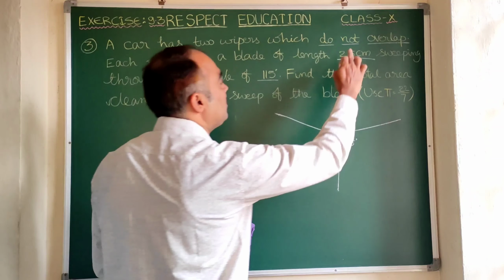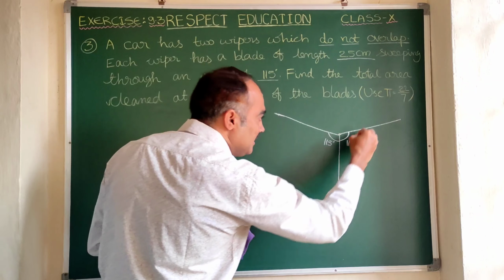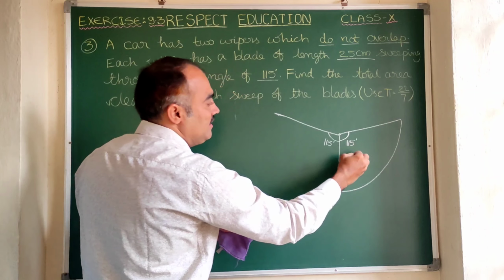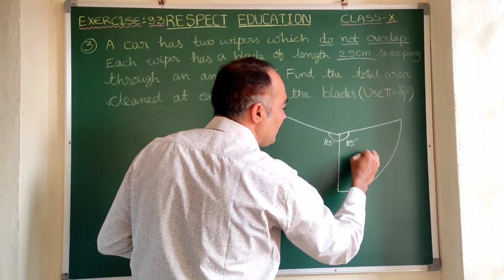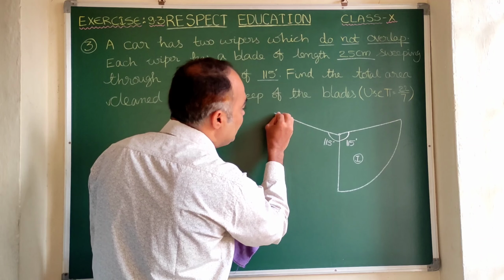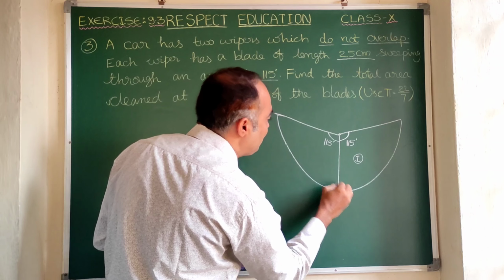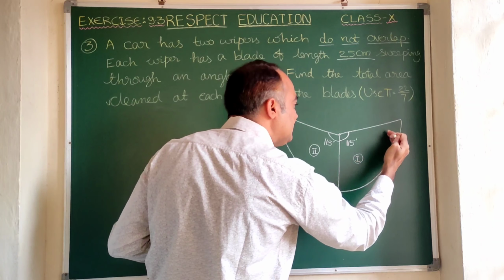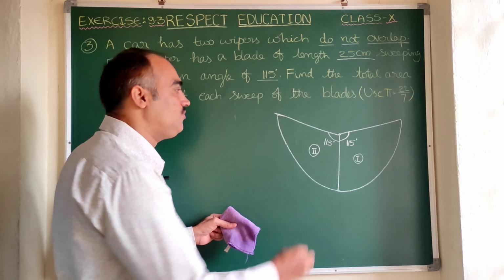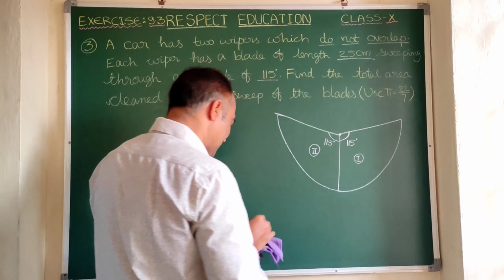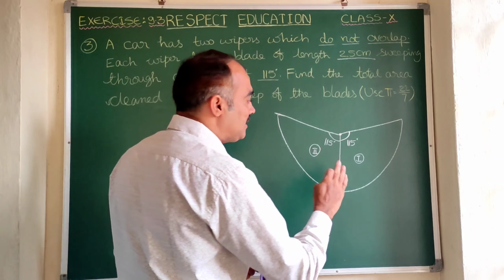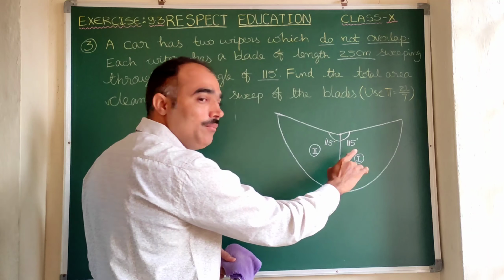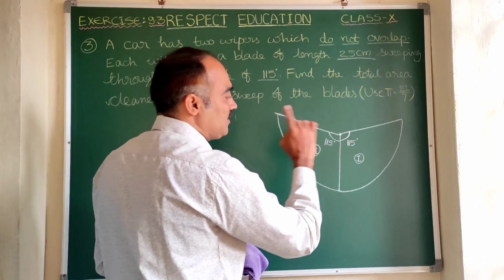Here the meaning of the words do not overlap is that the first wiper wipes this portion, and this is the area swept by the second wiper. Do not overlap in the sense this area is different, this area is different. Of course, both of them have the same length, so the area is the same, but the area of the first wiper will not be entered by the second one, and vice versa.